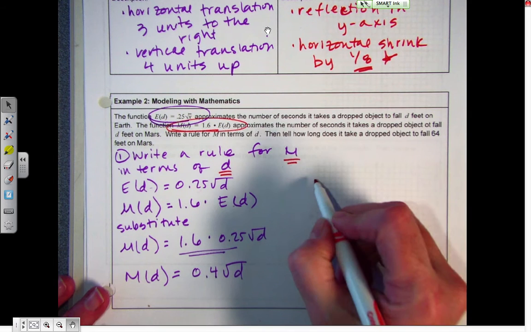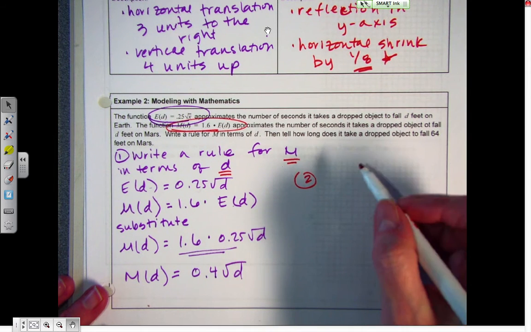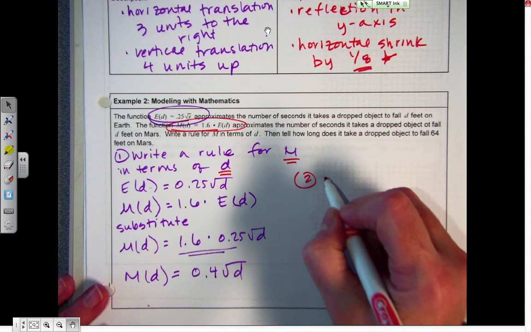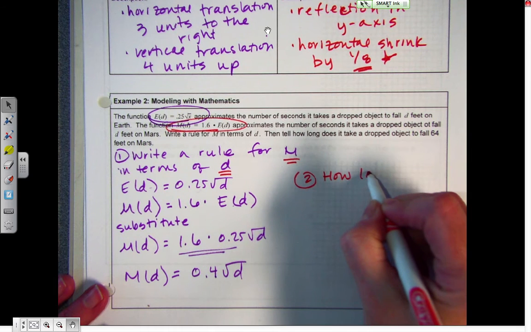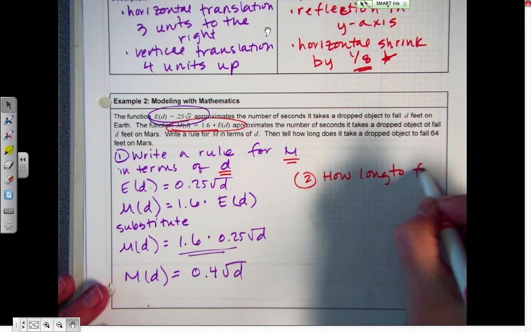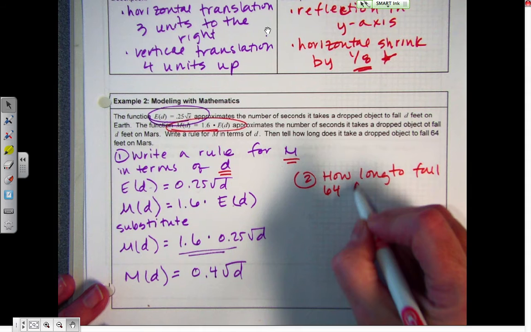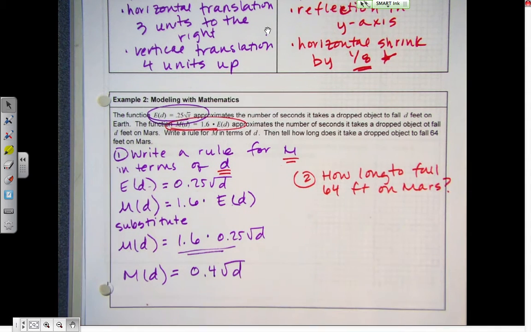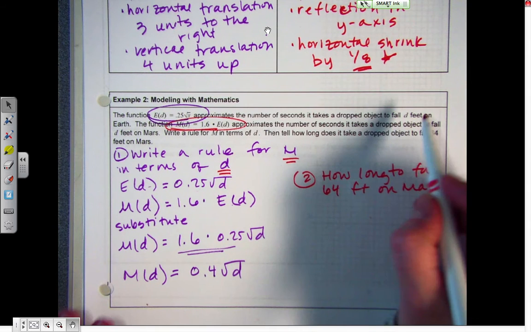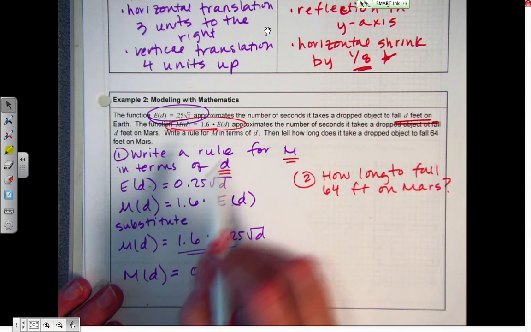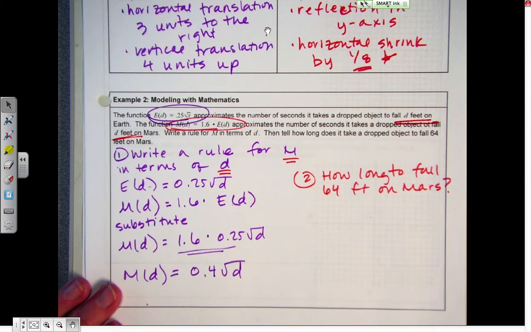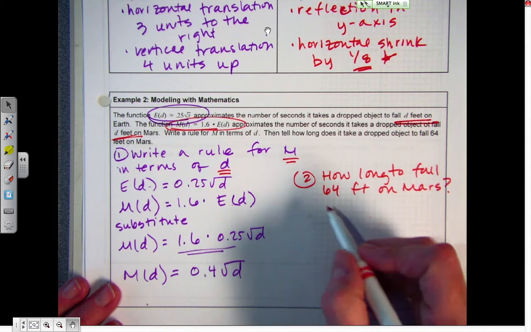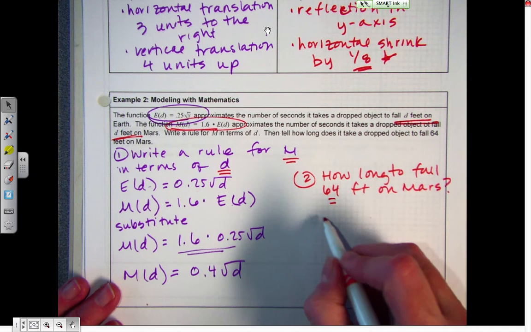So our second part is to determine how long to fall 64 feet on Mars. So d is our feet, the feet on Mars. So we're going to substitute the 64 in for d.